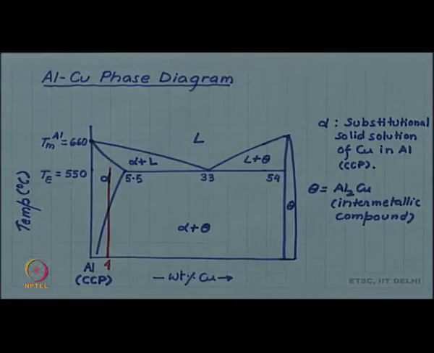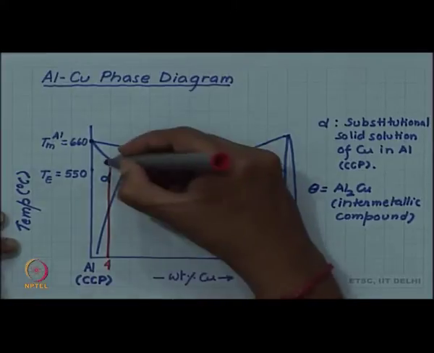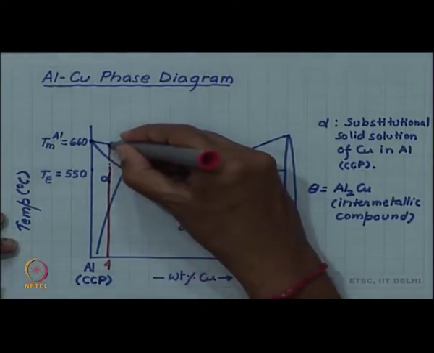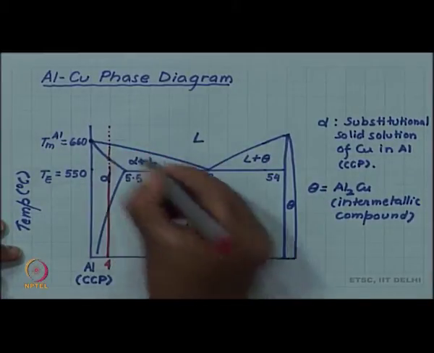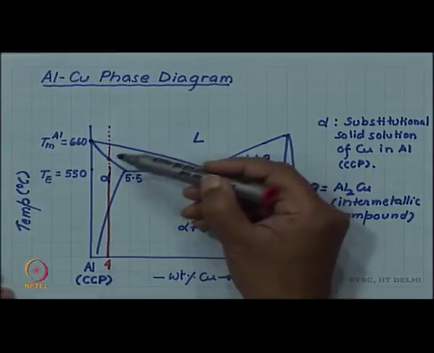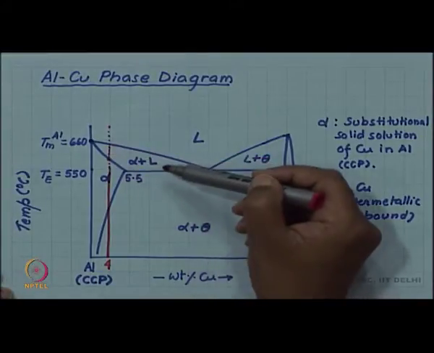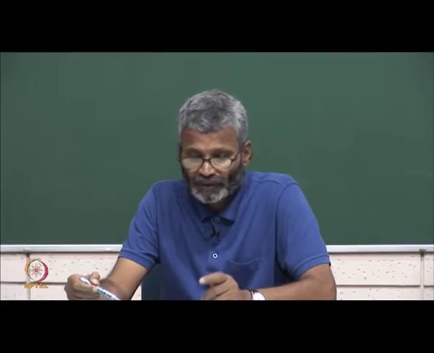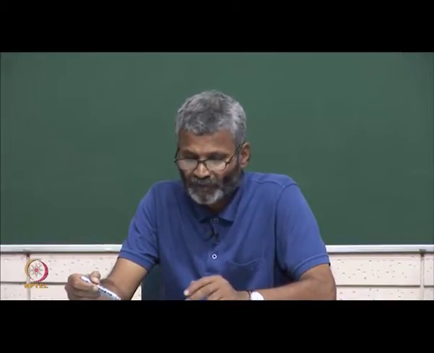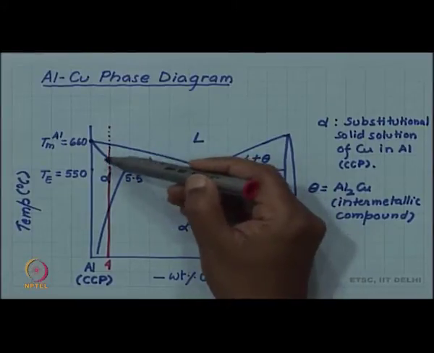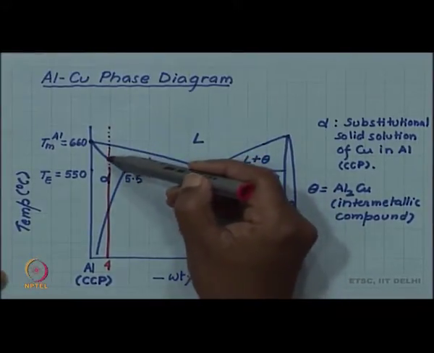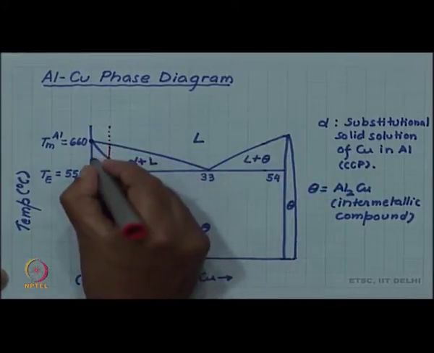Now, you can see that in this alloy, this is the solidus temperature, and if I heat above solidus, liquid phase will form. In a heat treatment process, usually the heat treatment is done for a shaped object in which we are trying to enhance the property. So, we will not like it to melt, so we will not like to go above the solidus temperature.